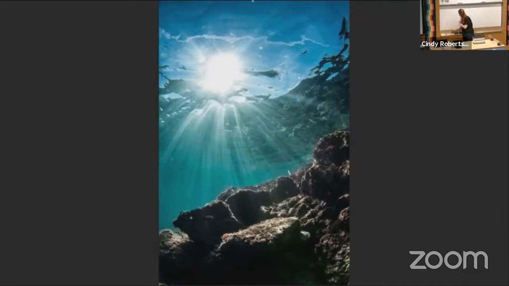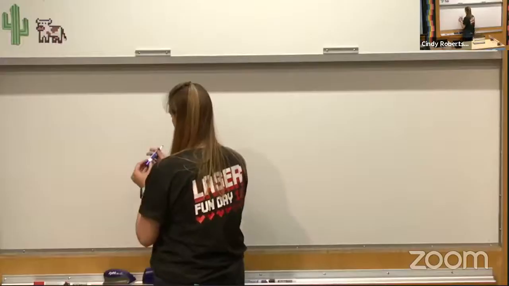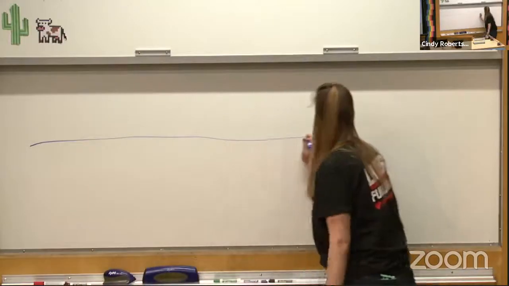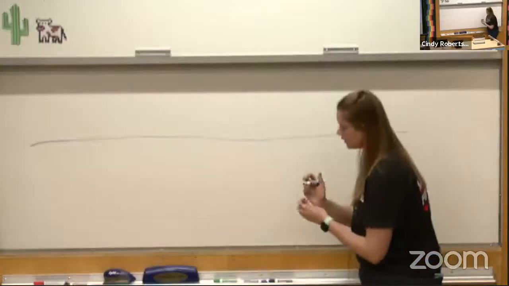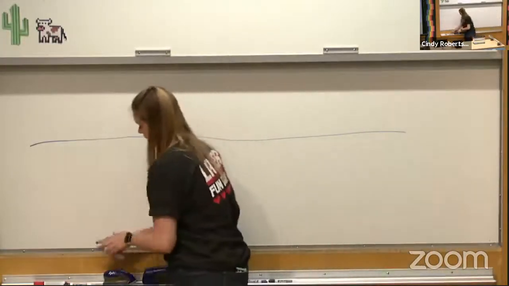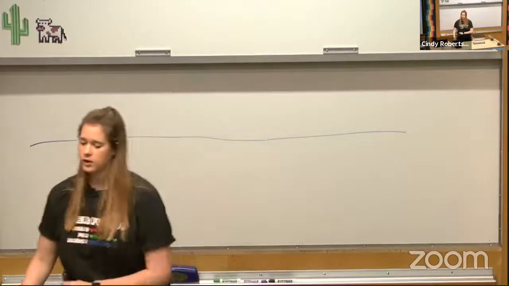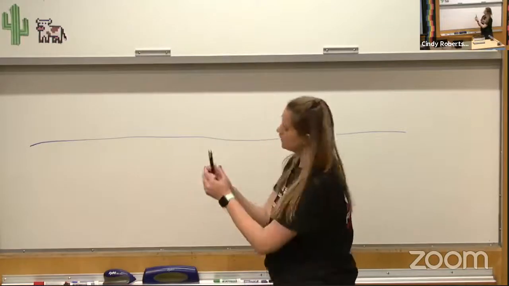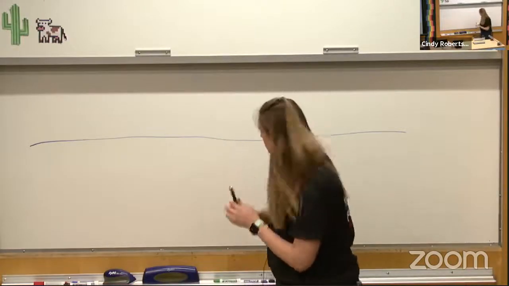So I'm going to draw this water, with blue water going all the way across. And we're going to talk about three different cases. The first is if you were to go underwater with a nice waterproof laser and point it pretty close to straight up. It might be at a little bit of an angle.